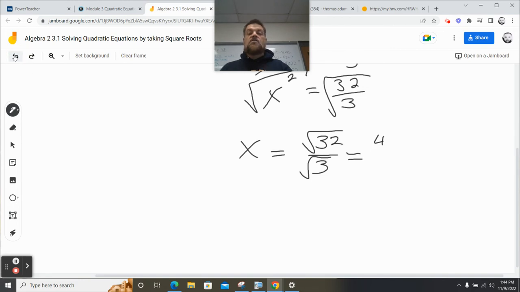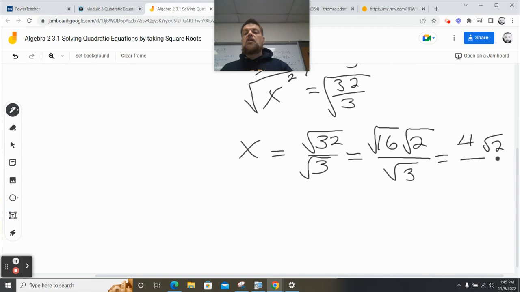Actually, I just realized something. Doesn't 16 go into 32 2 times? 16 times 2 equals 32, all over the square root of 3. So then this becomes 4 root 2 all over the square root of 3.